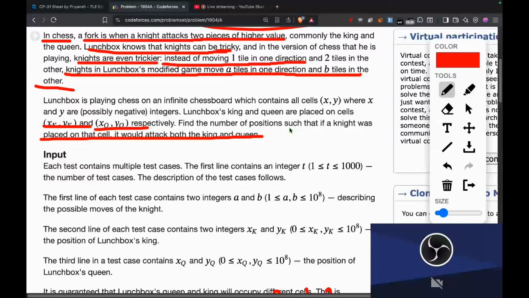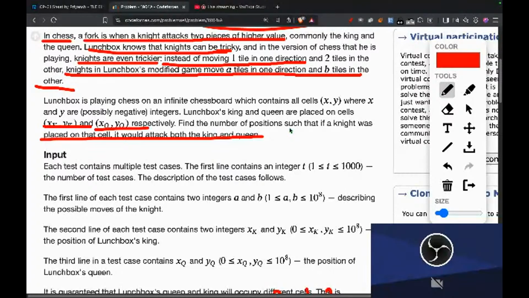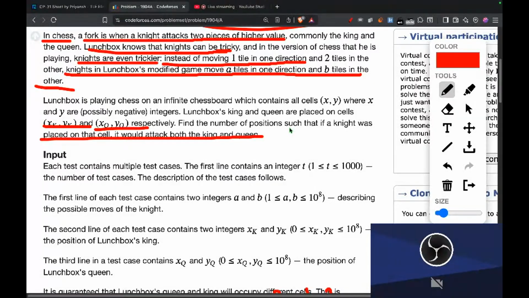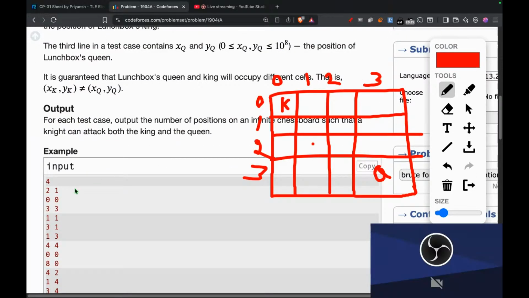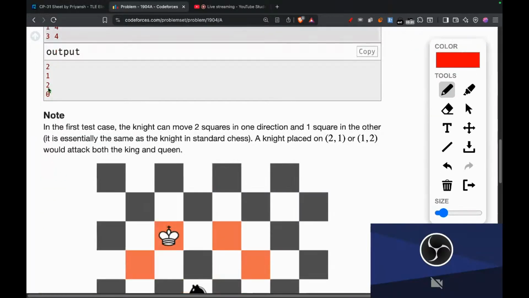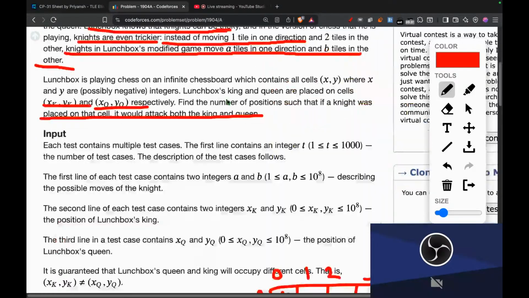Is where we can place our knight so that it can attack both, in one move or multiple moves.